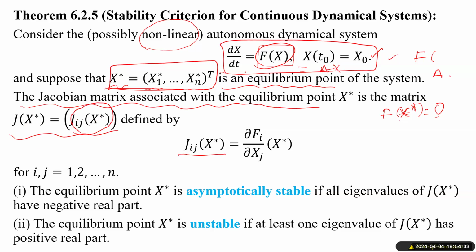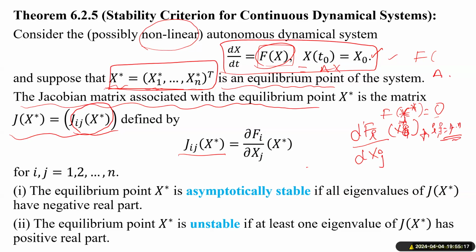It is nothing but the derivative, dou f_i by dou x_j, evaluated at x star, for i, j equals 1, 2 and so on up to n.